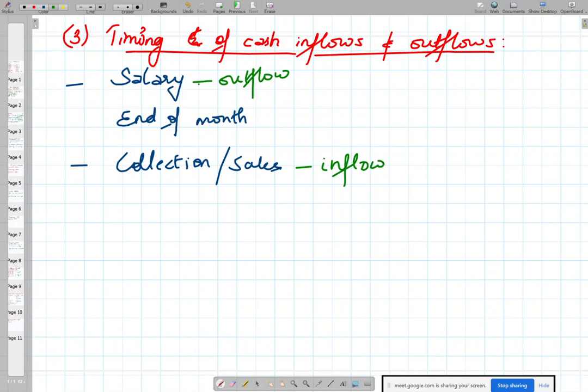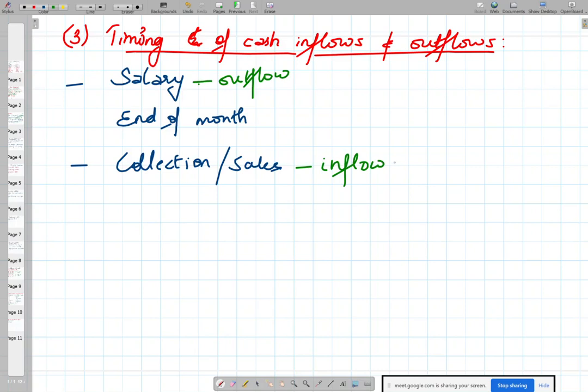So this is the timing that I'm talking of, right? You are going to have some gap between how much cash comes into the business and how much cash goes out of the business. In order to fill that gap and make sure that there are no shortages, you again need to hold a good cash balance.